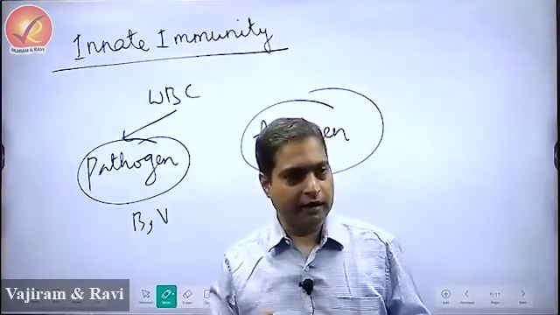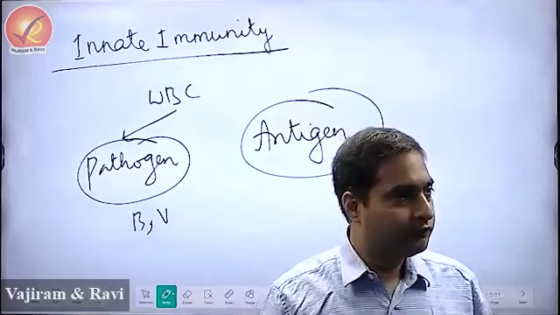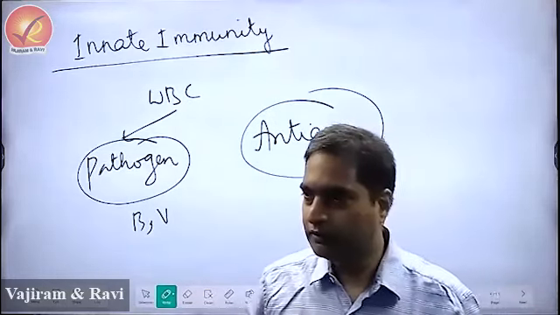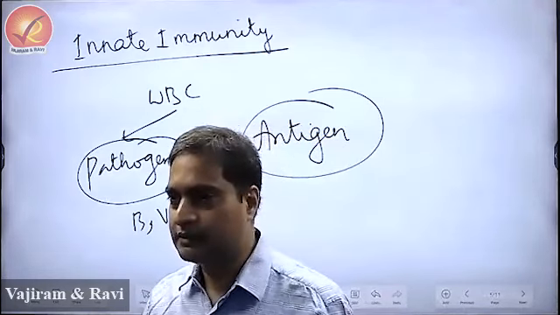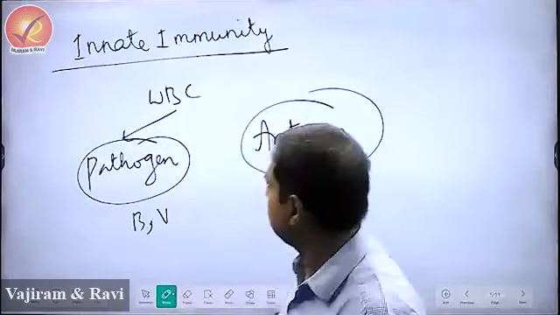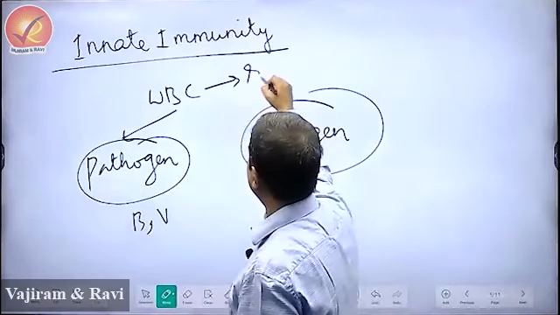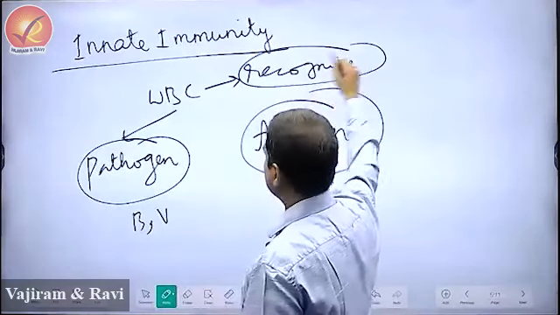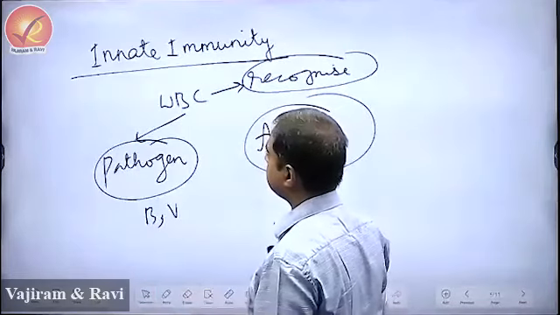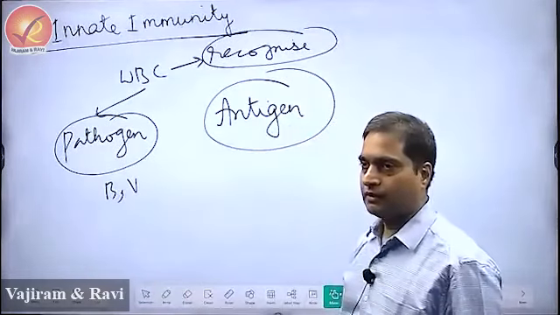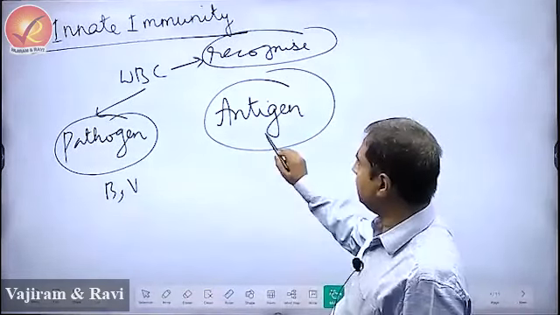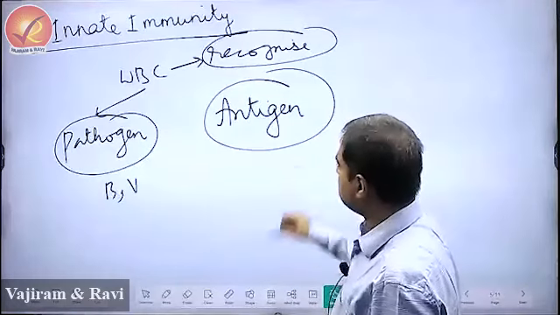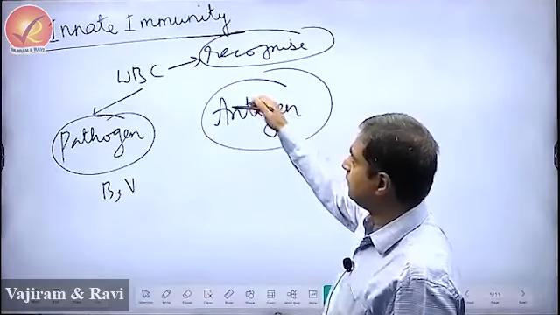So this means they are able to differentiate which is a foreign body and which is self. So WBC should recognize, isn't it? And for recognition, the term antigen plays a vital role in the discussion. So what is an antigen and how is it associated with your immunity?